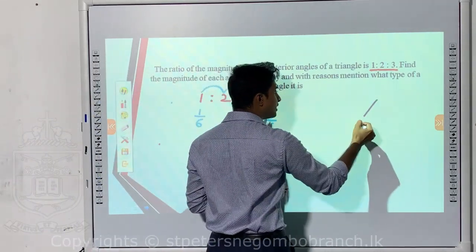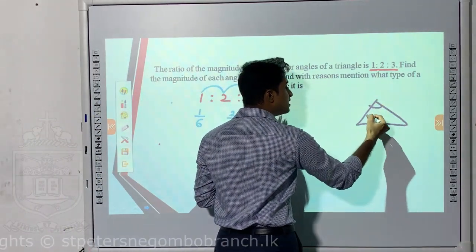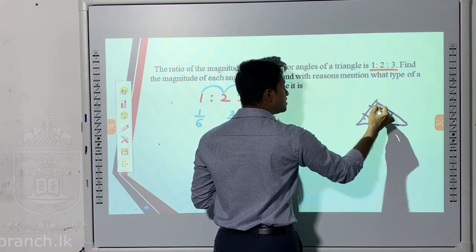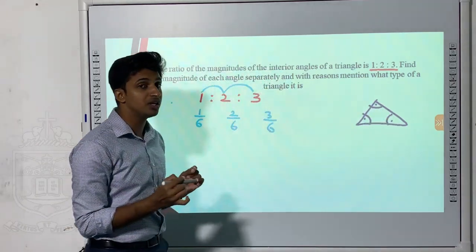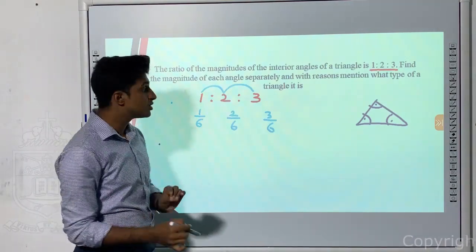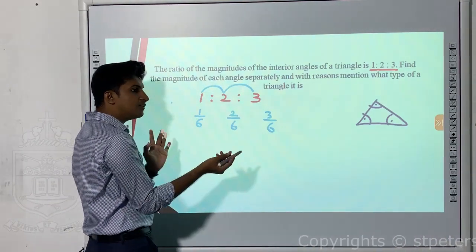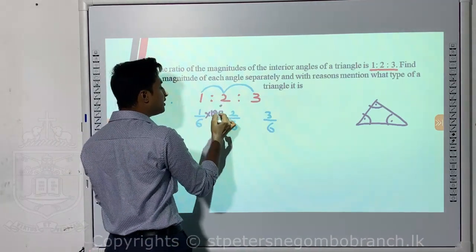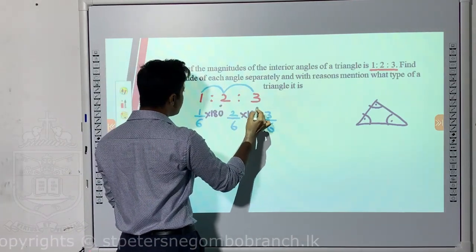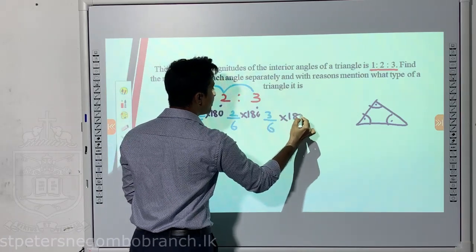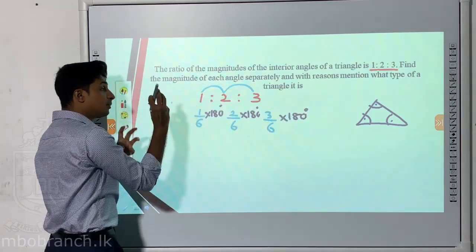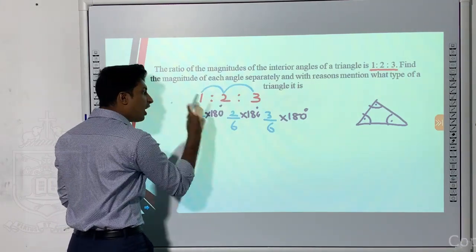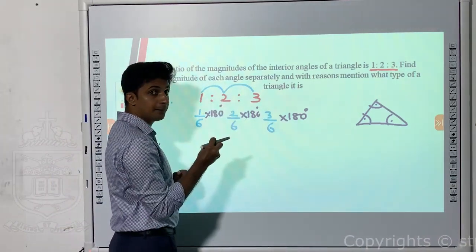Now inside a triangle, we just discussed the addition of all these 3 angles, right? The addition of all these 3 angles, we took it as 180. So that means when you add all these three values, it has to be 180. So multiply each by 180 and see what ratio of the whole triangle these three are taking separately.